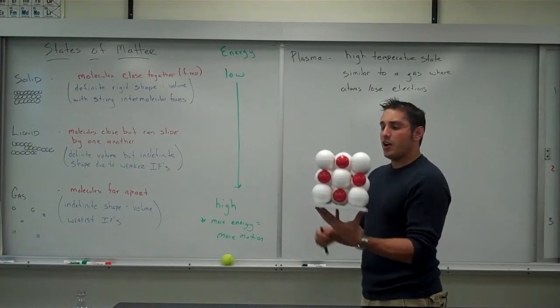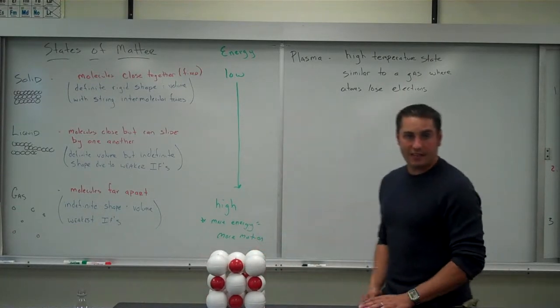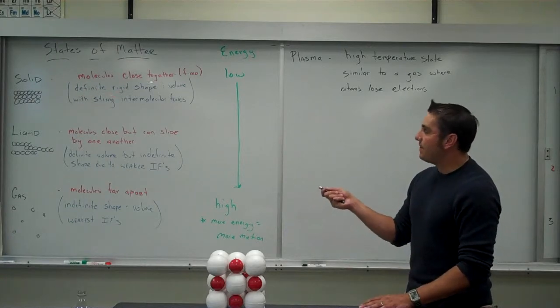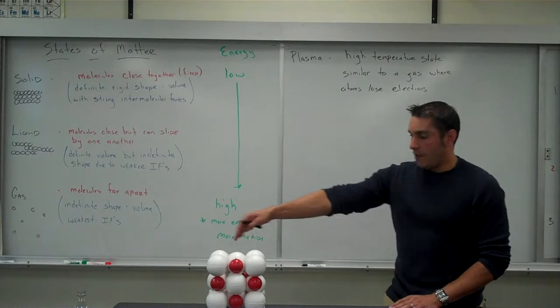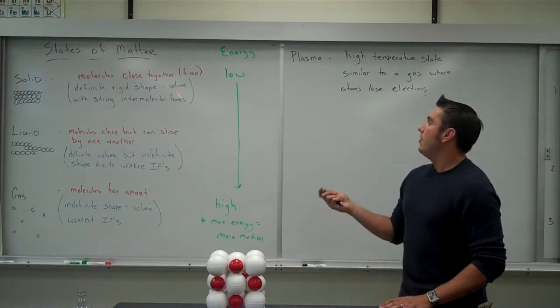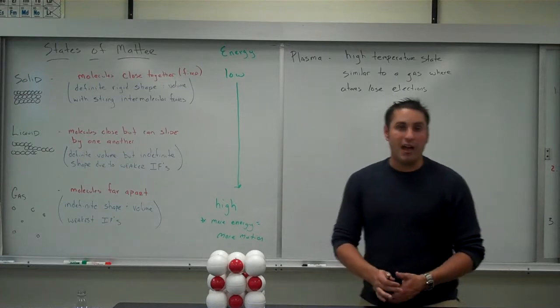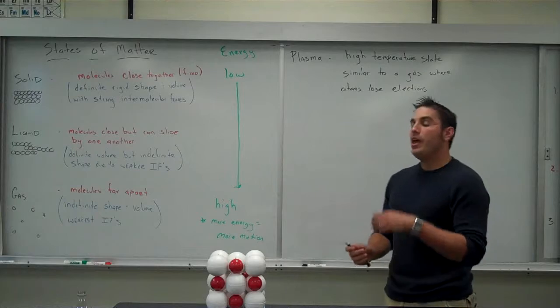This right here shows how solids are packed incredibly tightly together. They have a definite shape and volume. It is a shape that won't change. This solid, for instance, would look like a cube. The volume of a cube can be found, length times width times height. It is fixed.